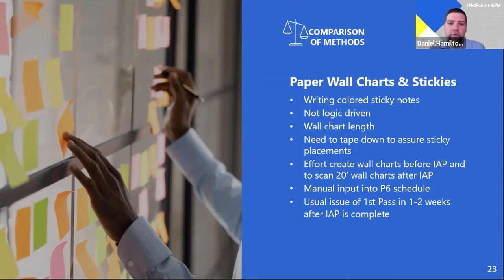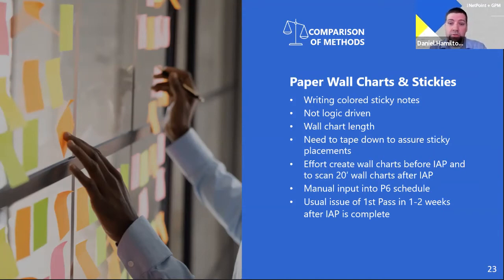So all the sticky notes got put at the end of the chart, and I had no clue what tied to what or when things finished. So it really didn't achieve the overall goal of putting a schedule together. So we had to do multiple iterations of wall charts, or sit down at a desk trying to figure out the end dates for the 2 months that we didn't identify prior to the interactive delay.